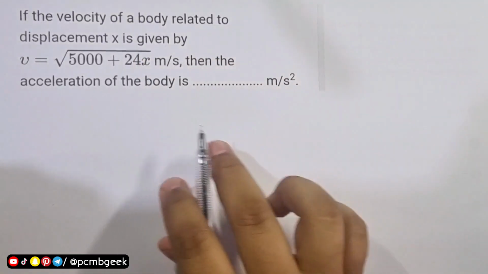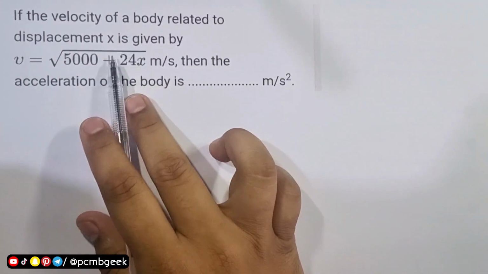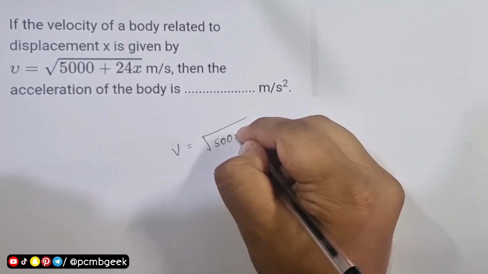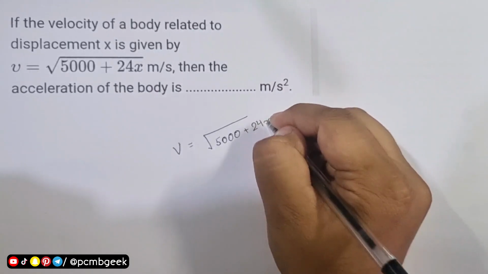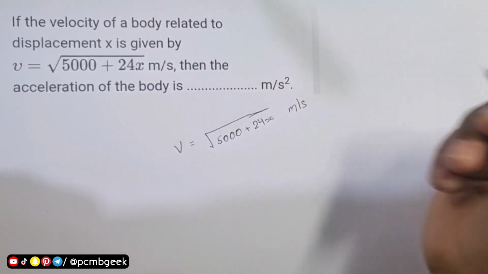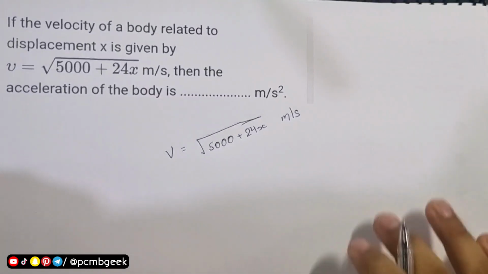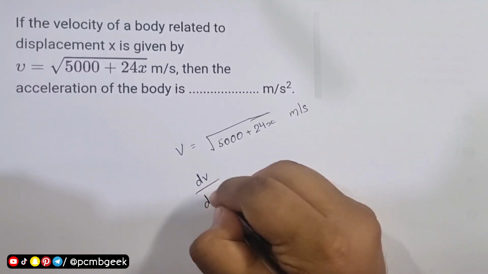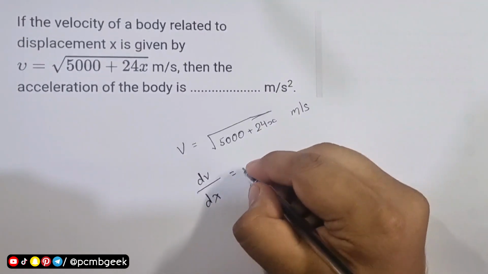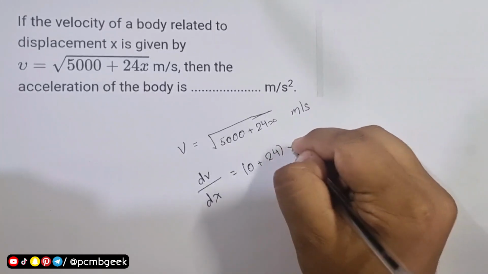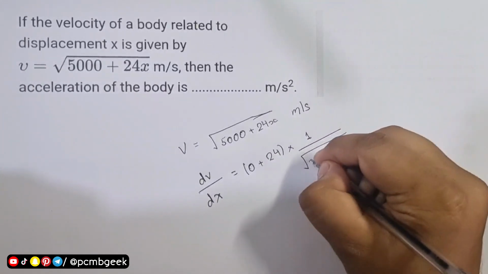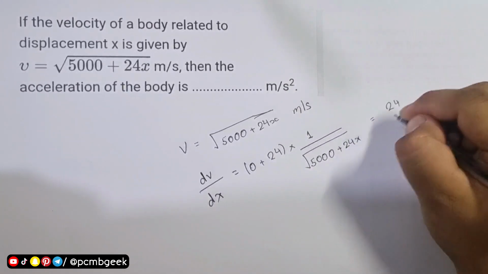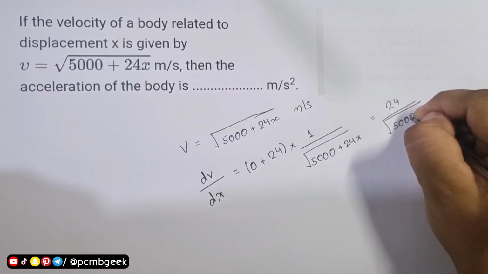If the velocity of a body relative to displacement x is given as v equals under root of 5000 plus 24x meter per second, then we need to calculate its derivative with respect to x, that is dv by dx equals 0 plus 24 multiplied by 1 upon under root of 5000 plus 24x, which is nothing but equals 24 divided by under root of 5000 plus 24x.